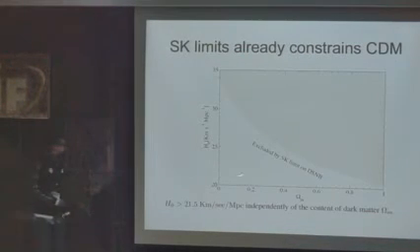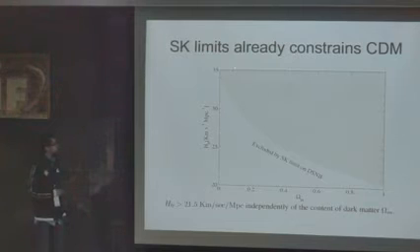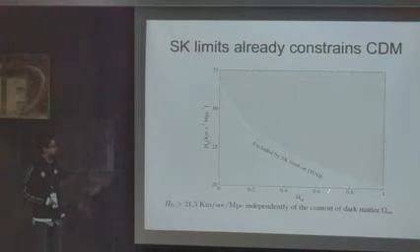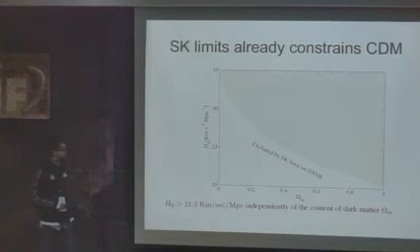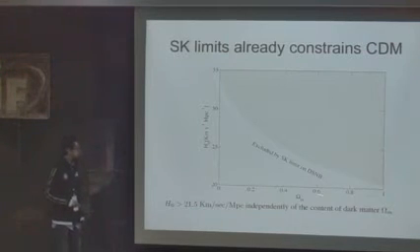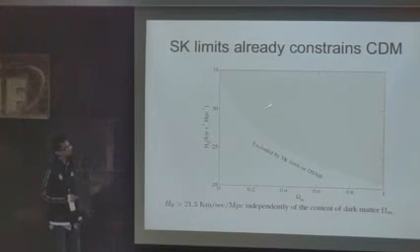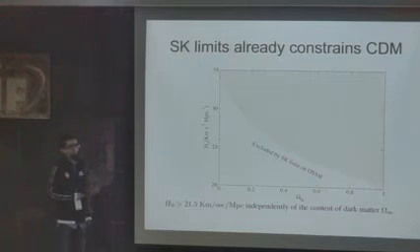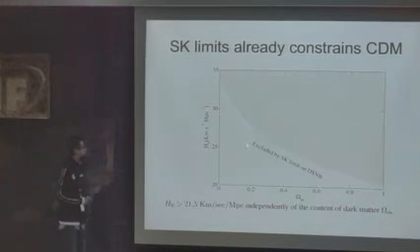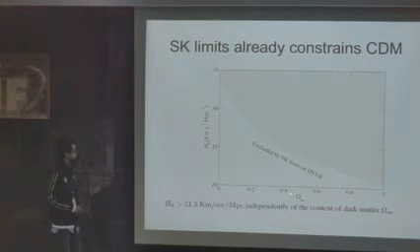Actually, just by playing with this flux, as we already said, Super-Kamiokande has some limit on the diffuse supernova neutrino background. If you let the Hubble parameter and the dark matter content of the universe be free parameters, you can compute the number of events that Super-Kamiokande should have observed as a function of H0 and the dark matter content.